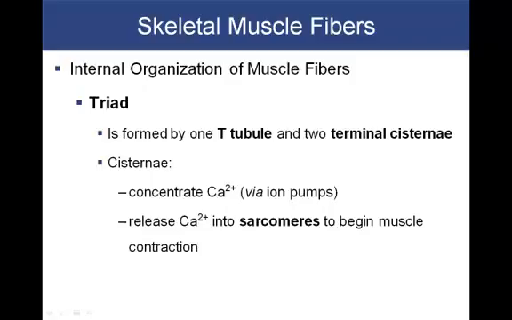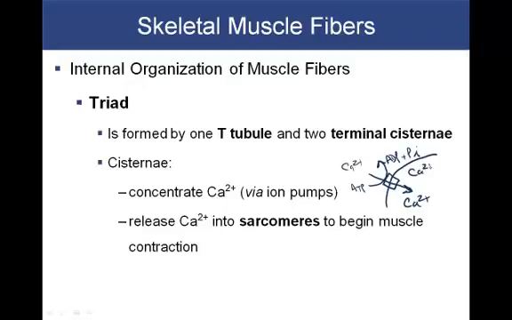They actually have little pumps. If this was the membrane-bound sac, we have small ion pumps that, through the action of ATP, pump calcium ions into the sarcoplasmic reticulum. And the calcium is just going to be stored.